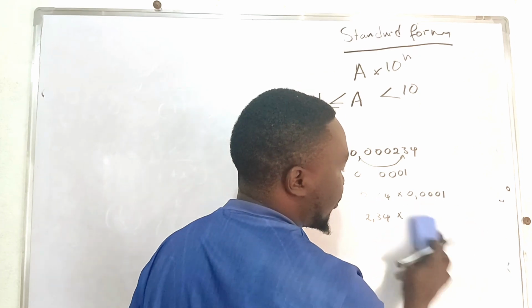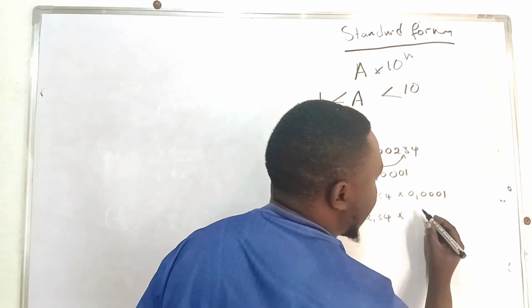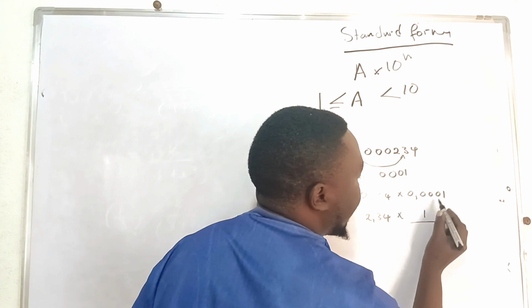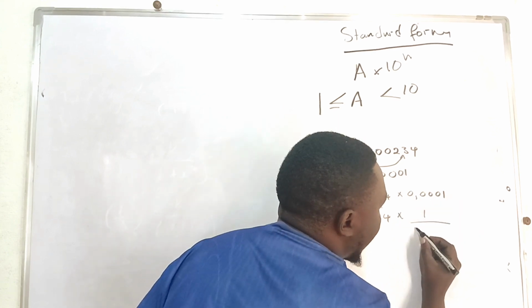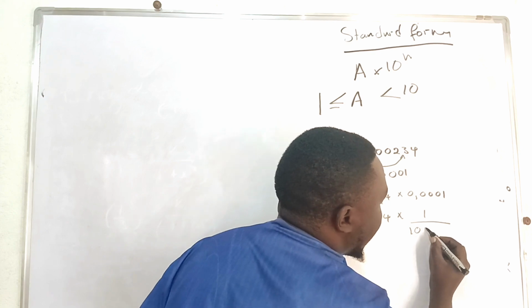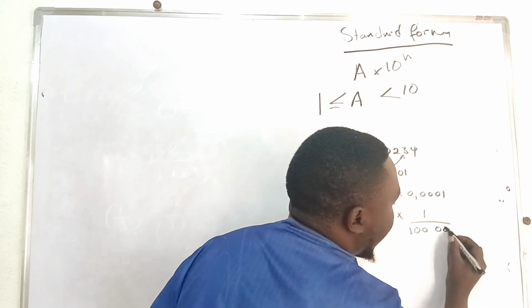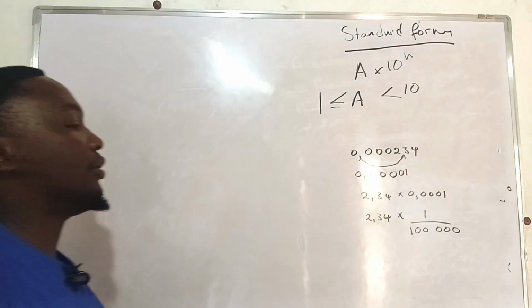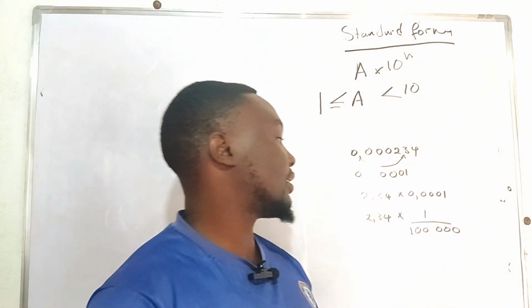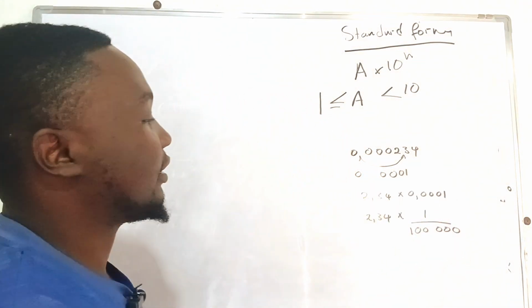You're no longer going to put 0.0001. This is just 1 over the number of zeros, 1, 2, 3, 4, 5. So you're going to have 100.